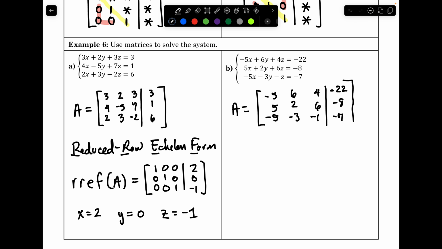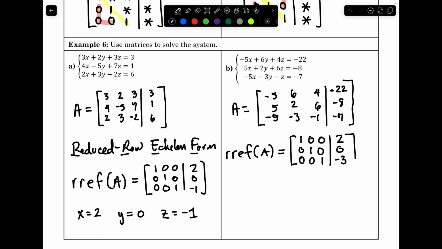And then using again the Desmos calculator, we're going to get the reduced row echelon form of our matrix A, which would be that format there, and then plugging it into the matrix, you should end up with these values there.